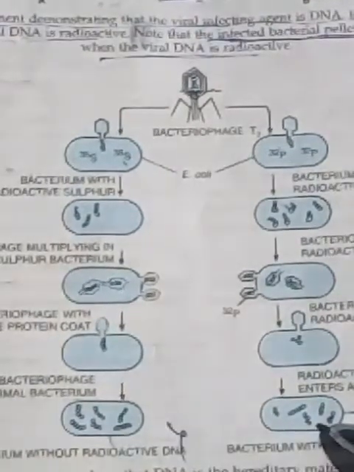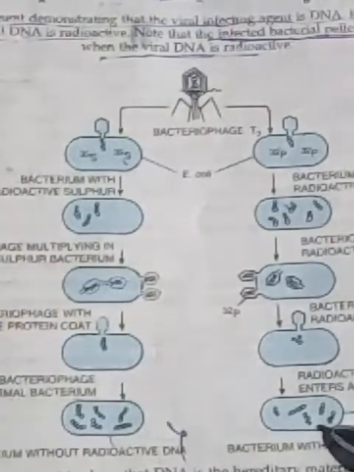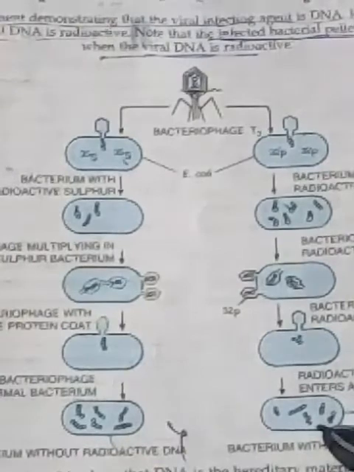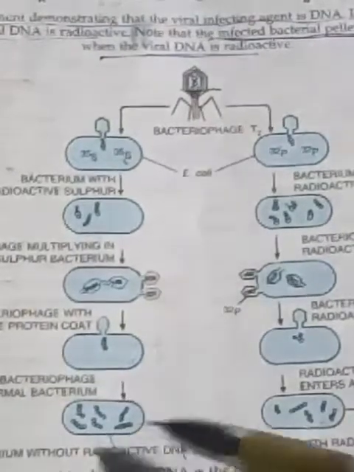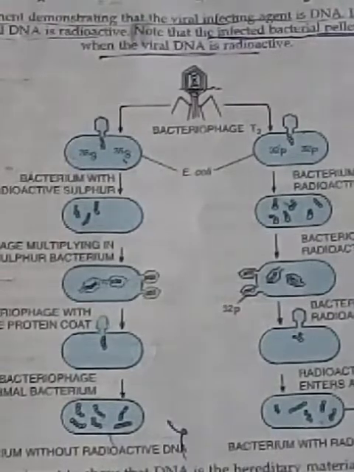In the other case, the daughter virus was radioactive because radioactive phosphorus was present in DNA, not in protein, and DNA was transferred from one generation to another generation, not the protein coat.